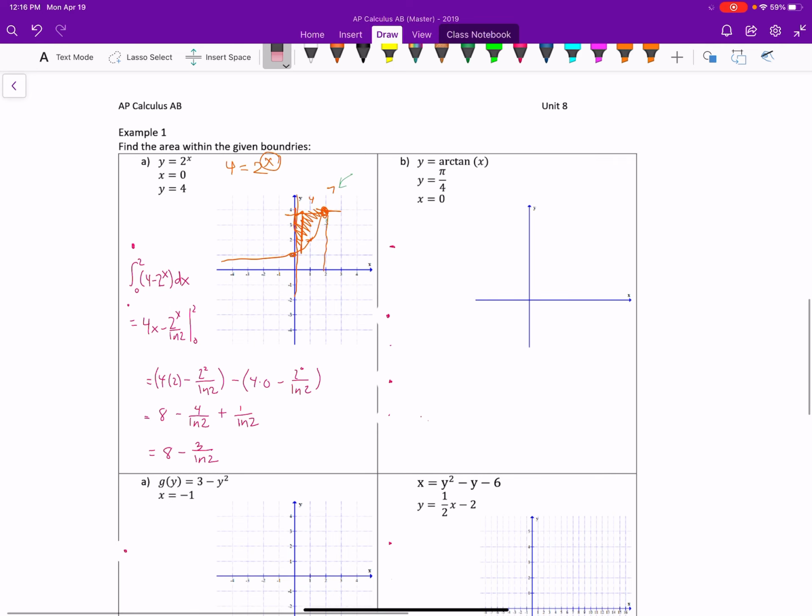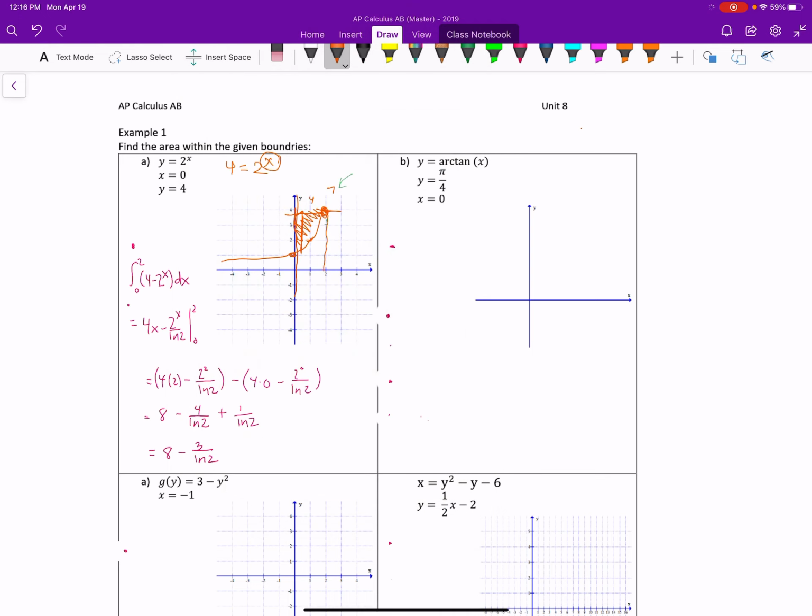Part B, however, I did the right way. So I have y is equal to the arctangent of x, and I'm going from 0 to pi over 4. Y is equal to arctangent looks like this.